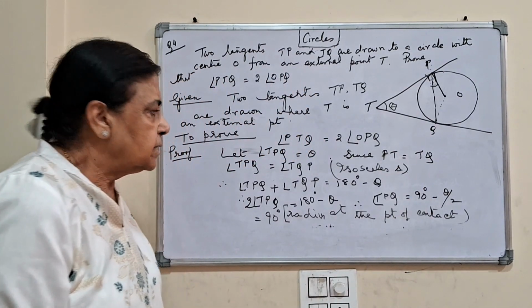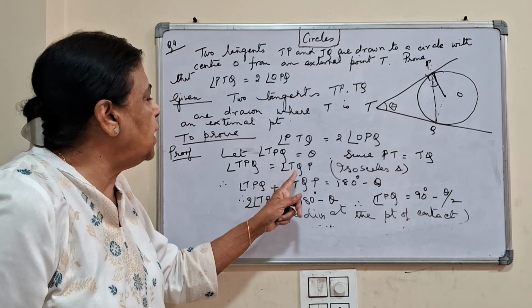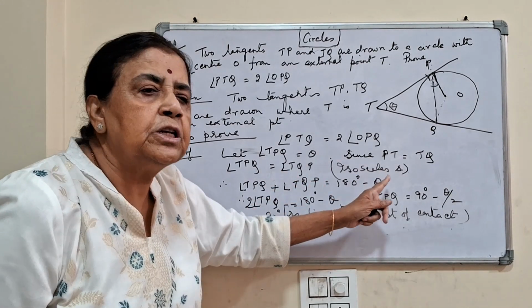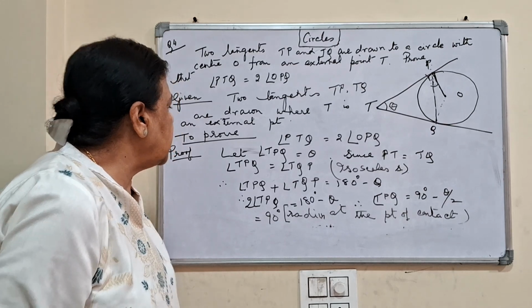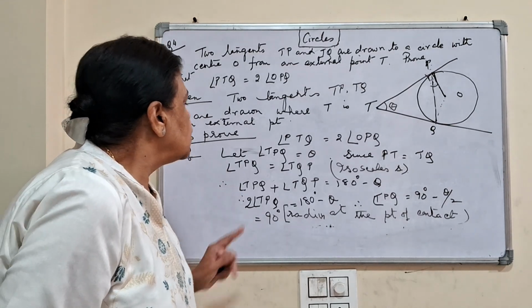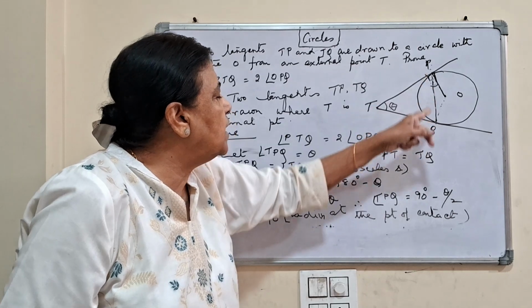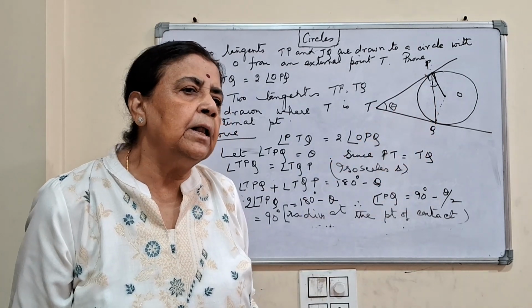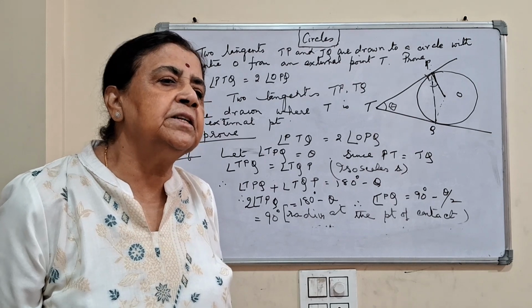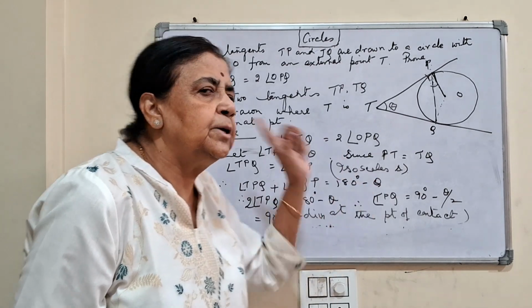If one angle is theta, the sum of these two angles is 180 minus theta. So each angle will be 90 minus theta by 2.